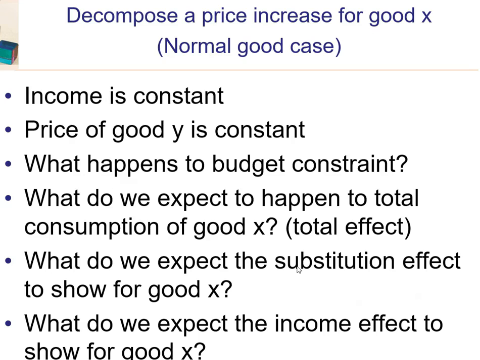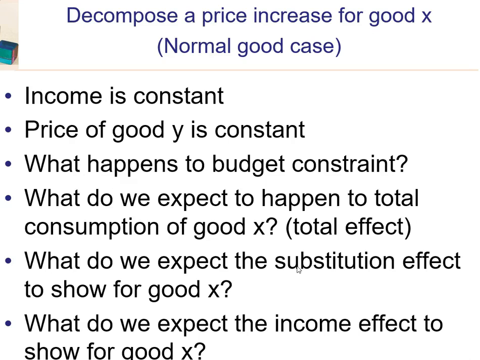What about this income effect? What is that? Income effect says when prices go down, consumers buy more of the good, more of a normal good. In this case, the price of good X went up. So now people feel poorer, so they're going to buy less of good X and less of good Y. So we expect the income effect to cause us to buy less of X because we feel poorer.